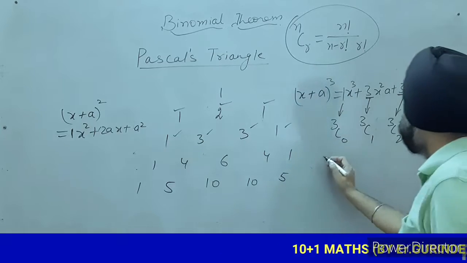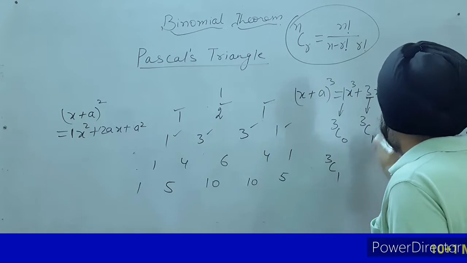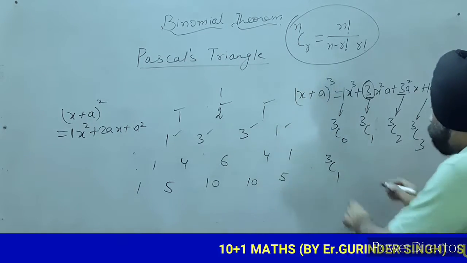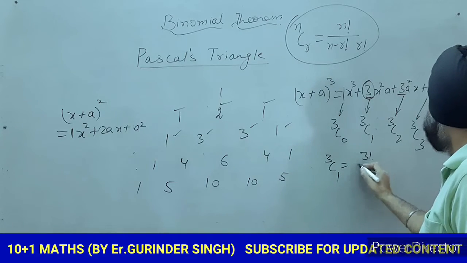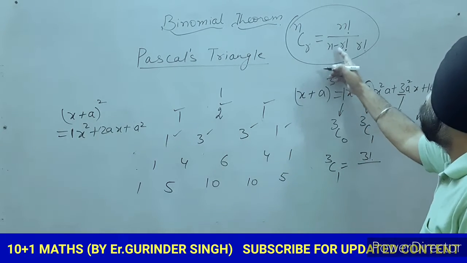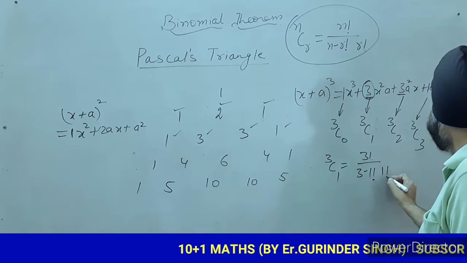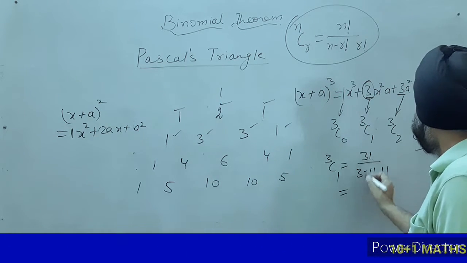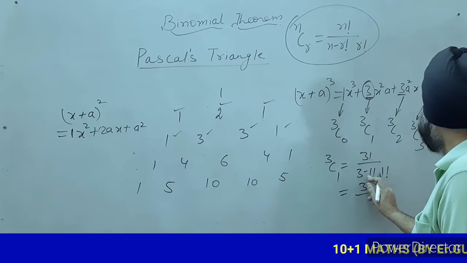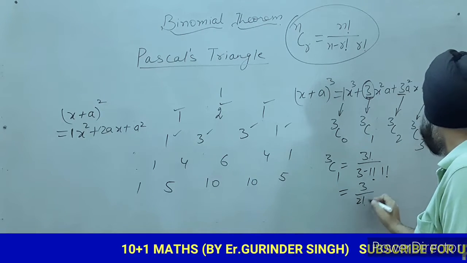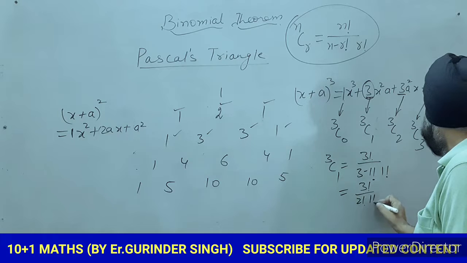Say it's 3c1. The answer is 3. That is, 3 factorial upon 3 minus 1 factorial into 1 factorial. 3 factorial is 3 into 2 factorial, 3 minus 1 is 2 factorial, right? And 1 factorial.